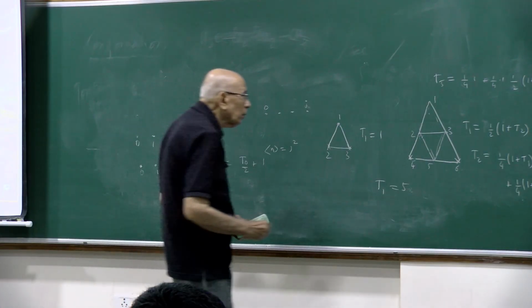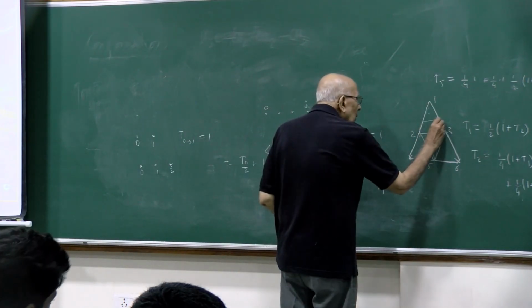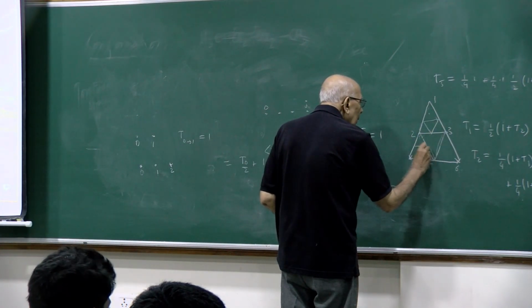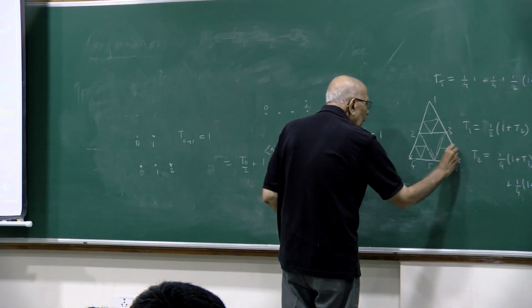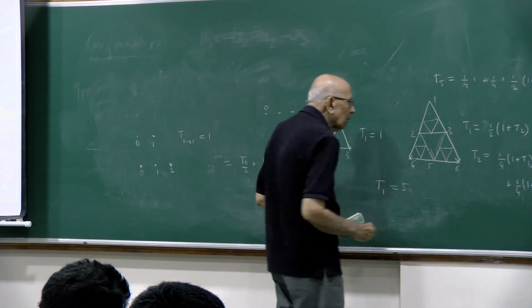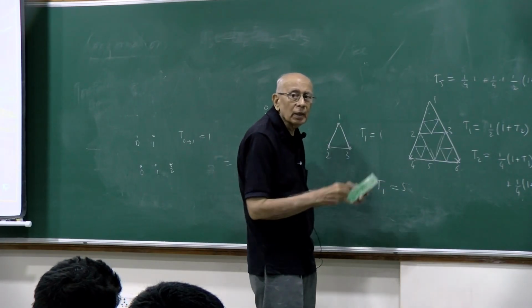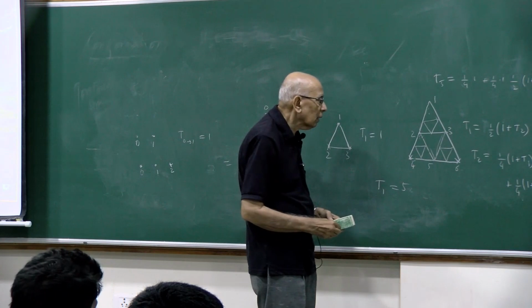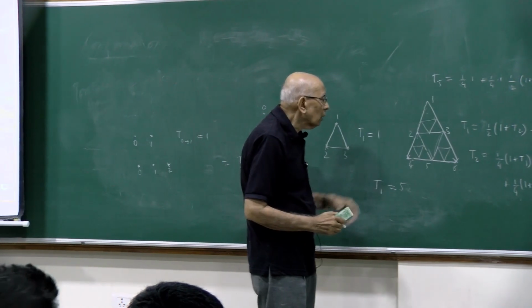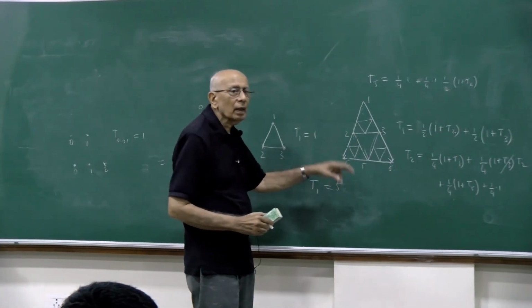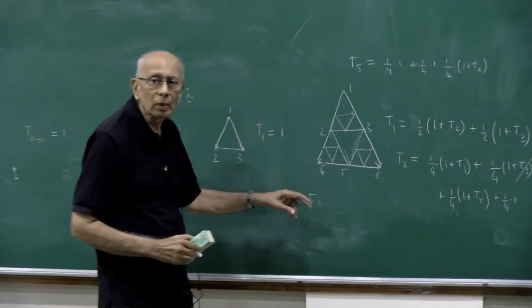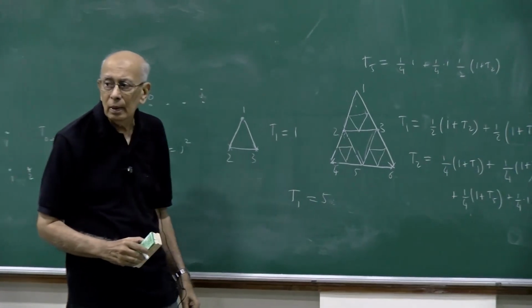And this extrapolates. The next generation fractal will look like this, etc. So the number of sites increases exponentially, 3 to the power something, as the generation increases. And then to go twice as far, it scales exactly like log 5 over log 2. 5 is the scaling factor.